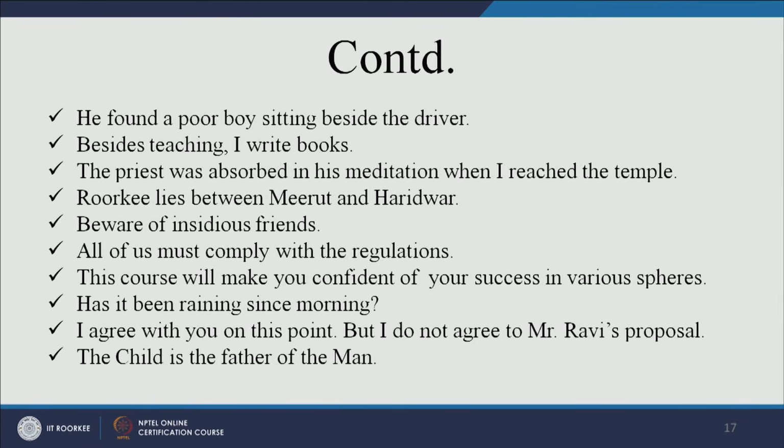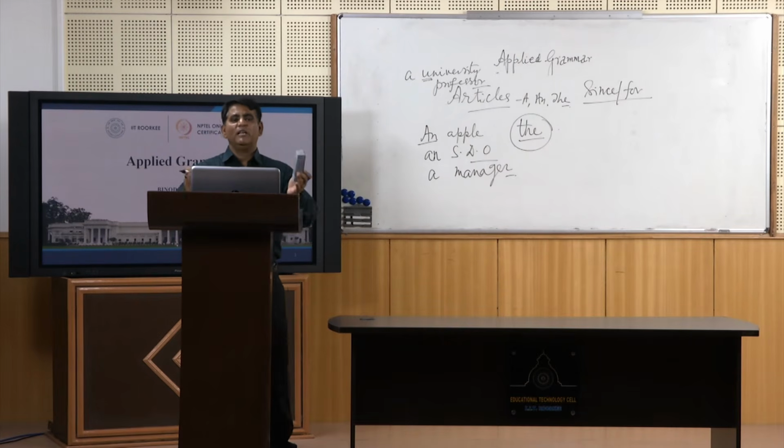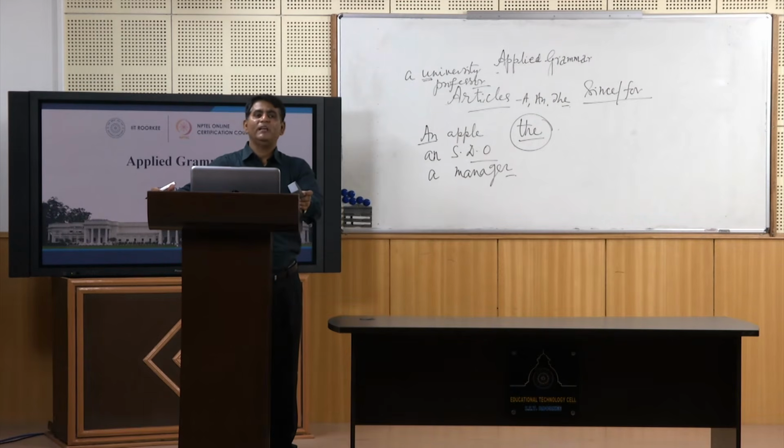The priest was absorbed in, absorbed will always take in, the meditation when I reach the temple. Roorkee lies between Meerut and Haridwar. Now you see, when two objects are being shown in a comparison, or when something is between two, then you have to use between. And when we use beware, beware of insidious friends, beware of fraud friends.